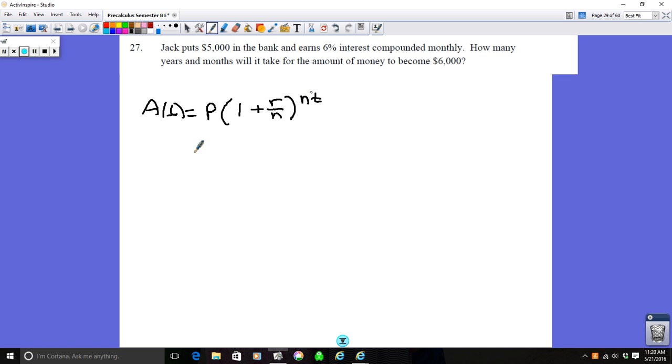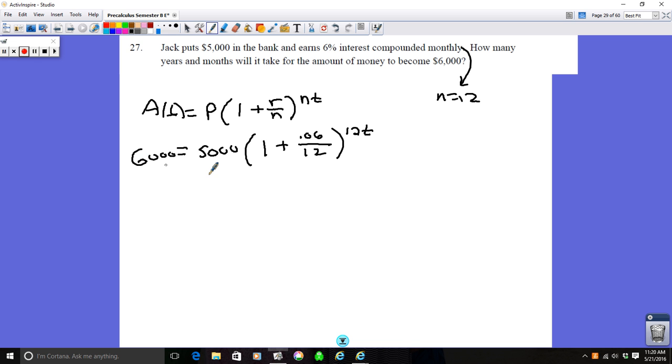The initial amount he puts in the bank is your 5,000. That's your P, principal. The rate is 0.06. Compounded monthly, how many months in a year? That means n is going to be equal to 12, because there's 12 months in a year. The power of 12 times t, and we want to know how long it takes to become $6,000. The final amount would be 6,000.